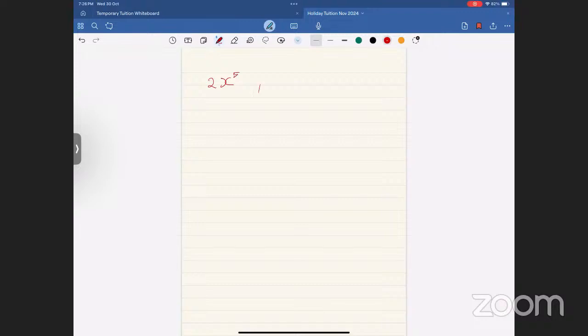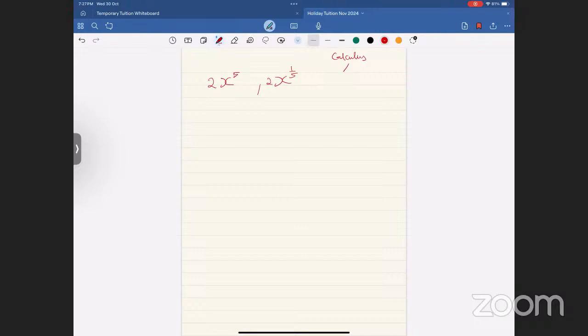Now similarly, I'll just use the 5 like that. I'll use these two first. Now, the topic is like this. It's called calculus, whatever that means.